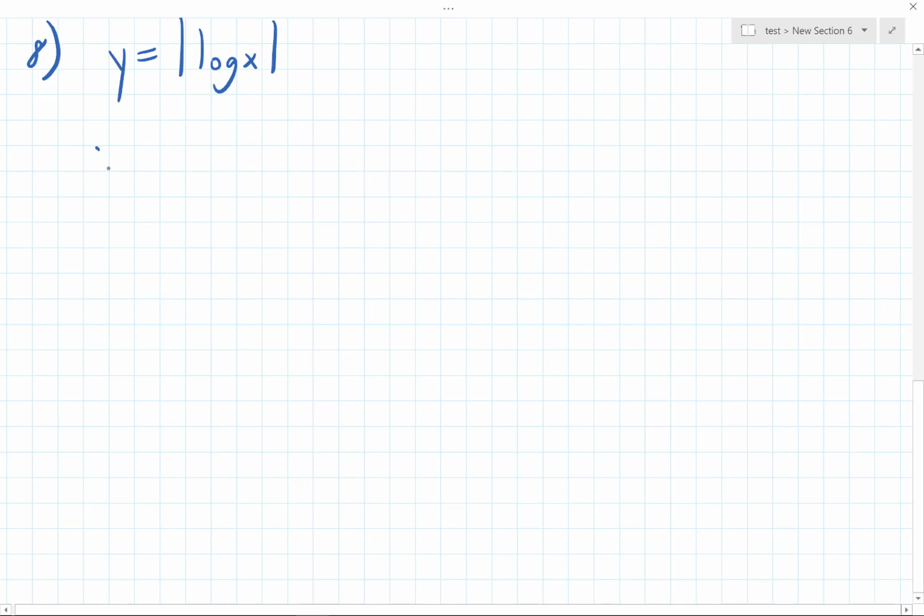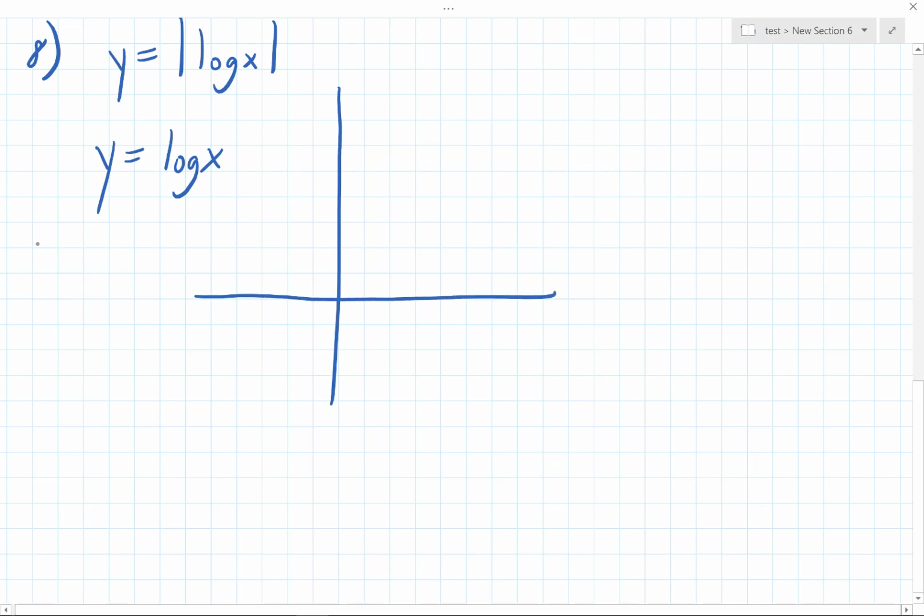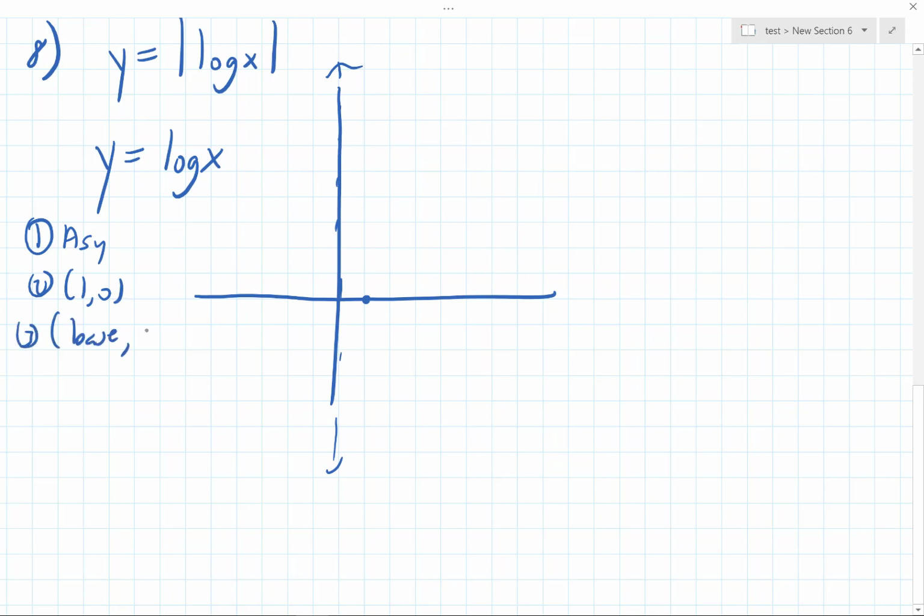Okay, now this one's fun. So if you were to graph just a normal old log of x, there's 3 things that I do when I graph a log. I graph the asymptote on the x-axis or the y-axis, and I graph the point 1, 0, because the log of 1 is 0, and then I graph whatever my base is, comma 1.